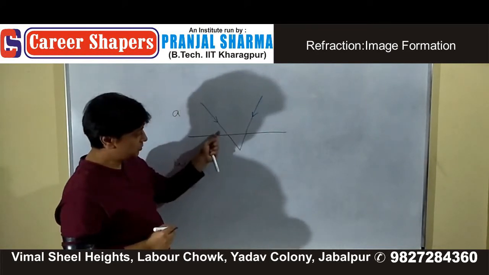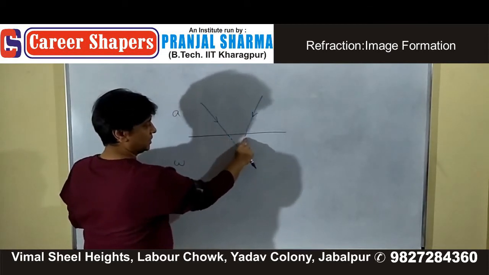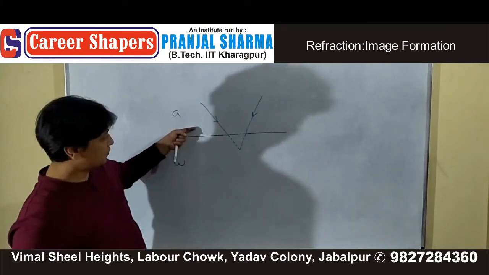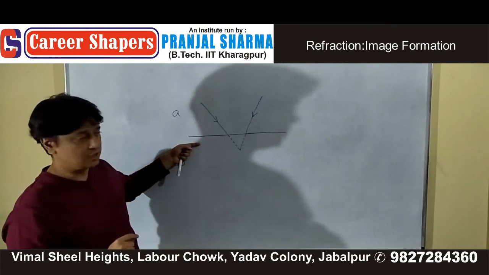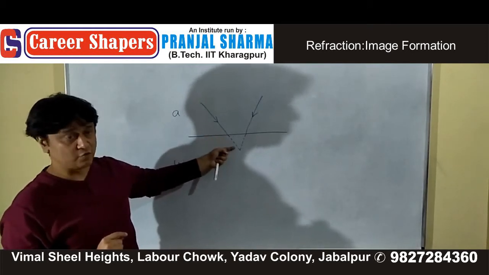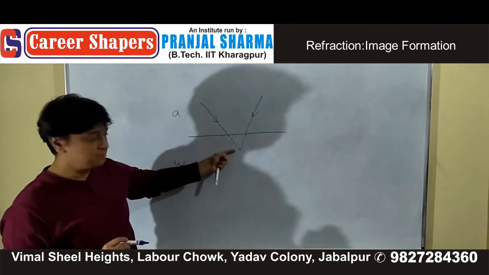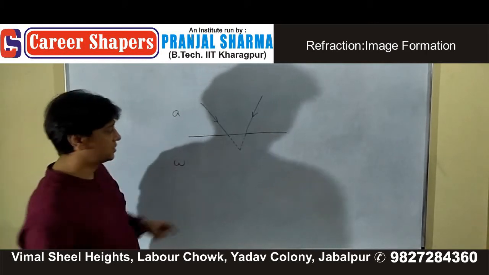Incident rays, you will produce them like this, but then in this dotted form. Why? Because from this to this, medium is changing, and therefore you cannot draw a solid line, a solid ray. This is the incident ray. We have produced them just for the sake of finding position of what? Object.